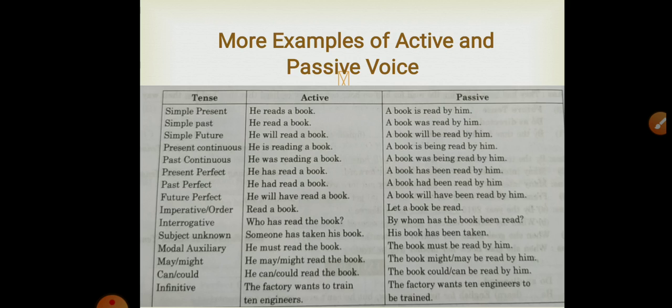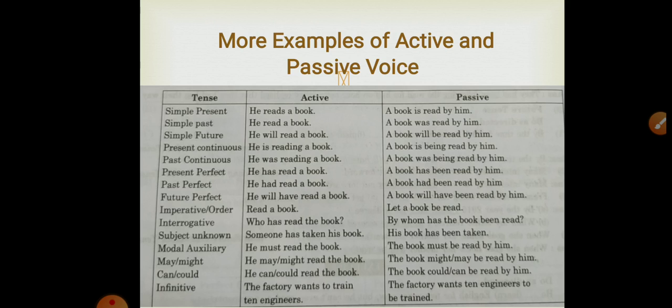So a book will come first, meaning the object comes first, then we write the auxiliary verb and main verb, and last we write the subject. The pronoun also changes: he becomes him, she becomes her, and likewise, to make sense of the sentence in the passive voice.